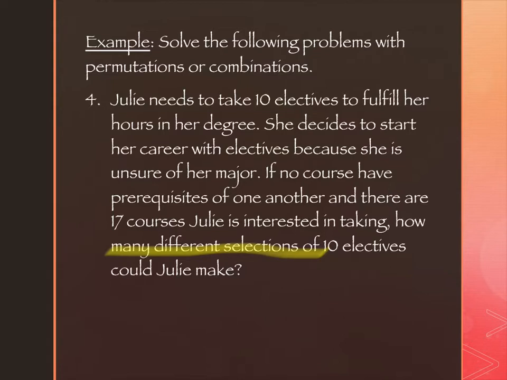So that's thrown in there to eliminate that from being a problem for all of the options. Okay, so the order does not matter, which means we have a combination.